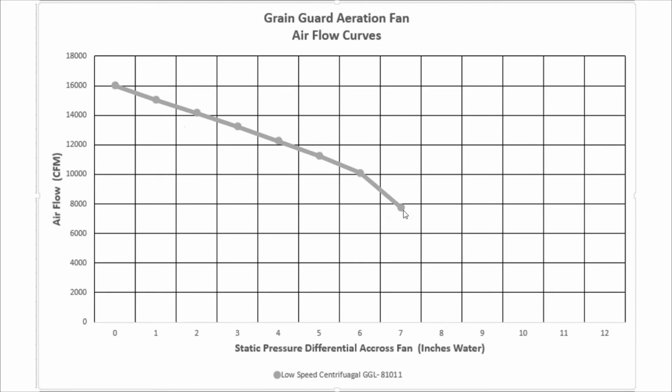But you can see here that at 7 inches of water, this curve has deadheaded. So that's the maximum amount of back pressure that this fan can see, and it is specifically designed for low back pressure applications, so that would be peas, corn, soybeans, and basically it can move lots of air when you have very low restriction.